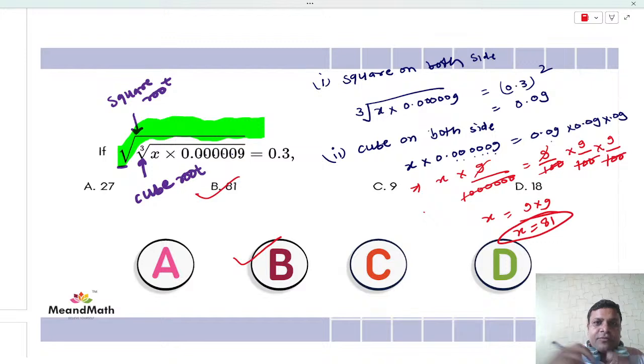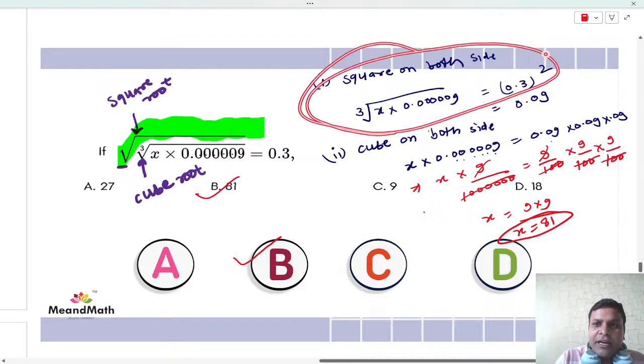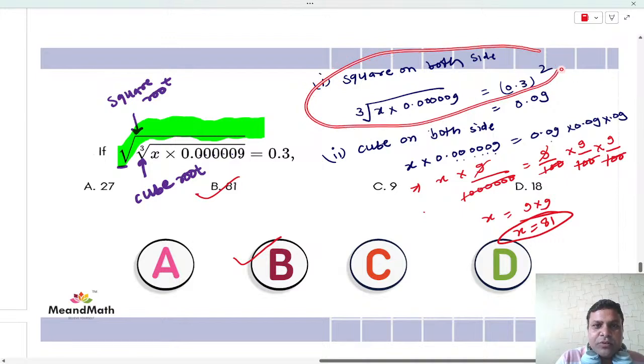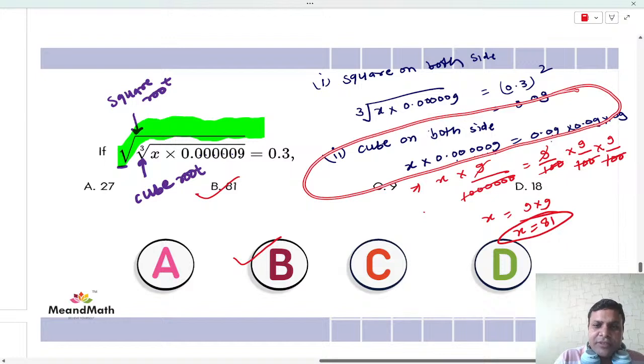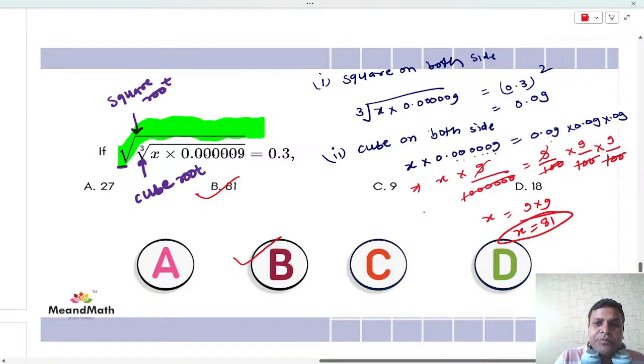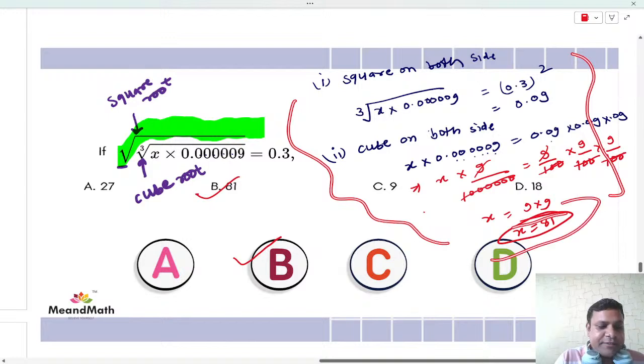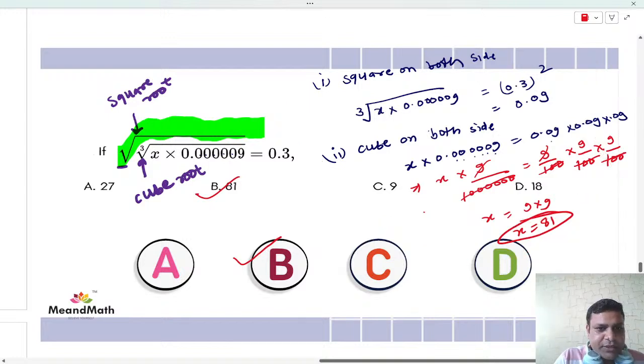In the first step, I square on both sides because I have to remove the square root, and second I remove the cube root by cubing on both sides. Then solve it. After solving, the answer is 81. So this is the solution for this question.